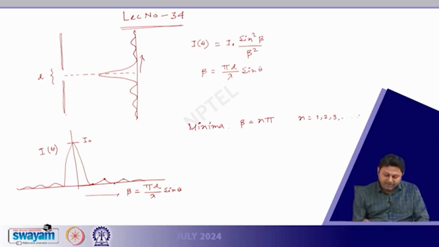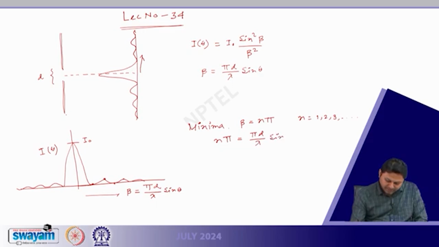From that condition one can calculate that n pi is equal to pi d divided by lambda sine theta n, and this is the nth 0.